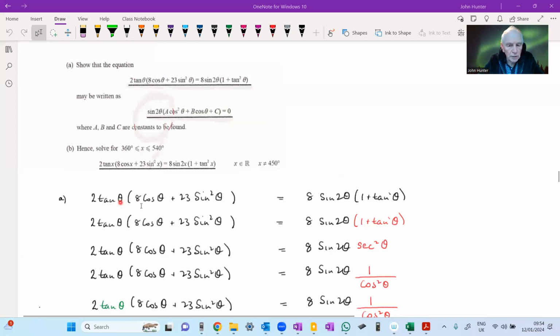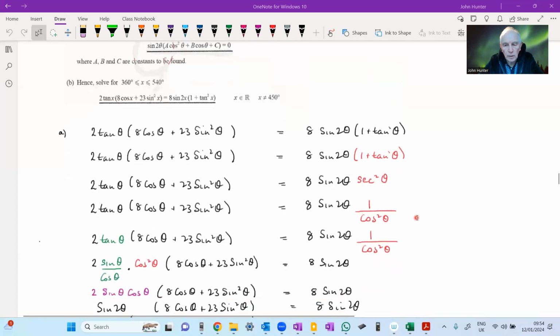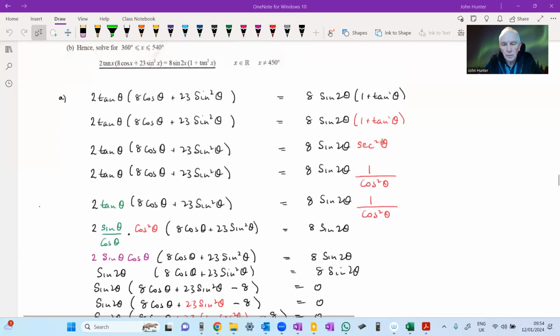Okay, so this is what we're starting with. First observation: 1 plus tan squared theta, we can call that sec squared theta. I think that's the right way to go. And equally, as I've just said, that's 1 over cos squared theta. Now we're looking at this tan theta over here as well.